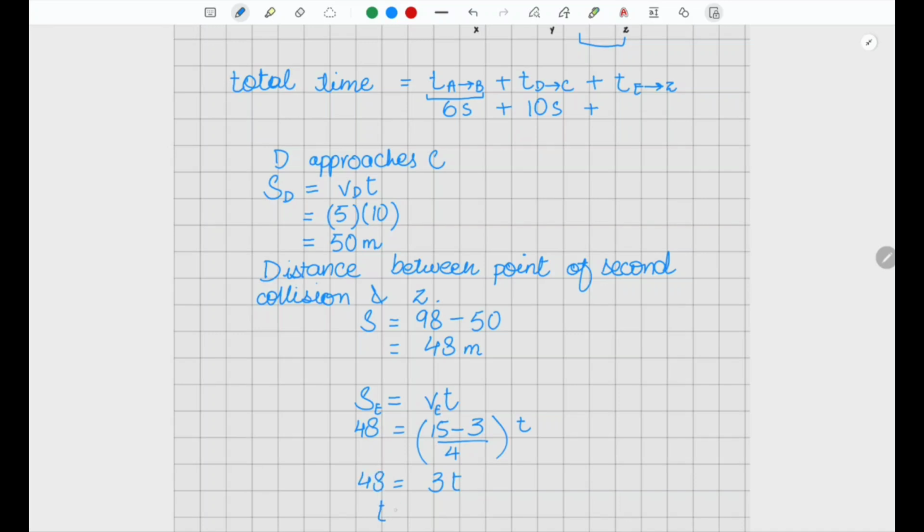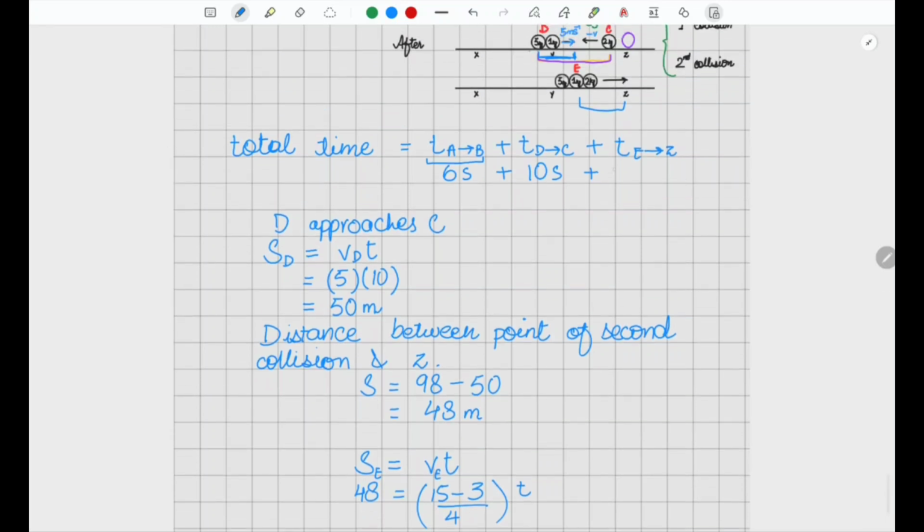And T is found to be 16 seconds. So this is your third time, 16 seconds.